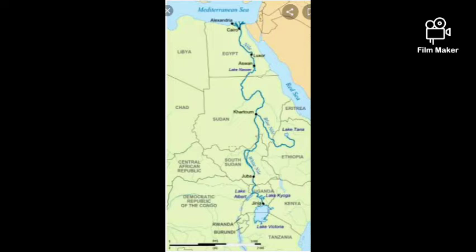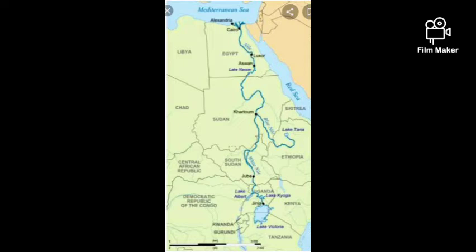Suppose for instance the Nile River, which flows in Africa and originates from Lake Victoria. You can see all these places, the Lake Victoria, River Nile in the map.